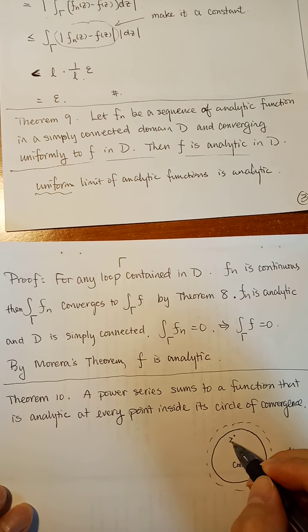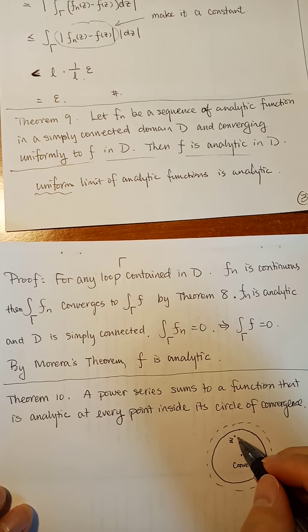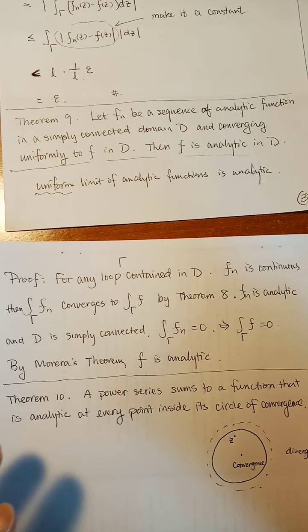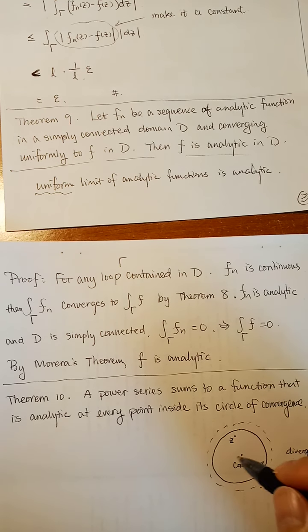If you have a point z inside a certain subdisk, then the function f, which the power series represents, is the uniform limit of analytic functions. So the function f is going to be analytic at the point z.